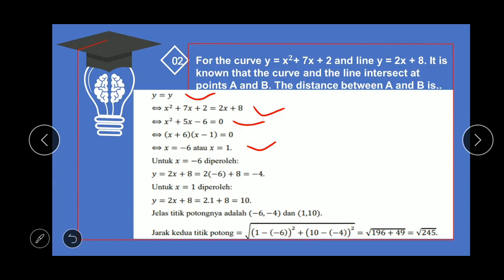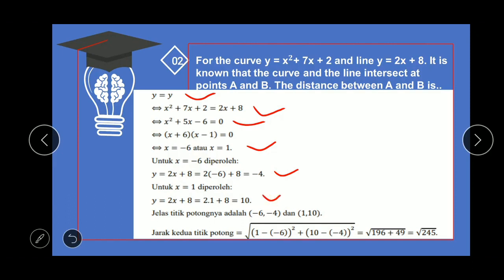For x equal to minus 6, we can substitute into the equation of the curve or line, and we find the value of y. Here for x equal to minus 6, we find that y is equal to minus 4. And also for x equal to 1, y is equal to 10.